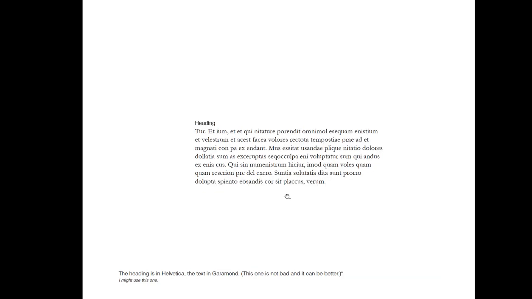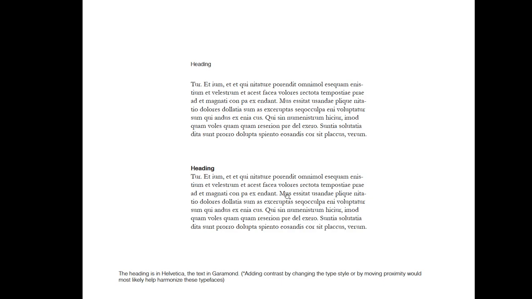Those are two. And here's a little trick that designers use. If you are unsure how well two typefaces from two different classifications go together, you can do one of two things. The more buffer space you add between the heads or the subheads and the body text, the more they seem to go together.